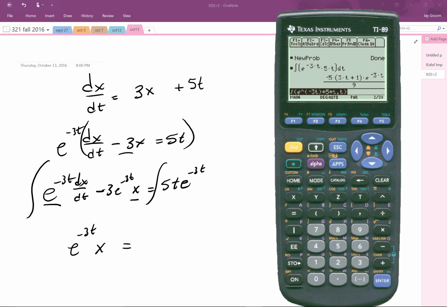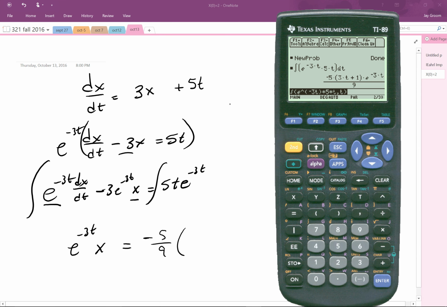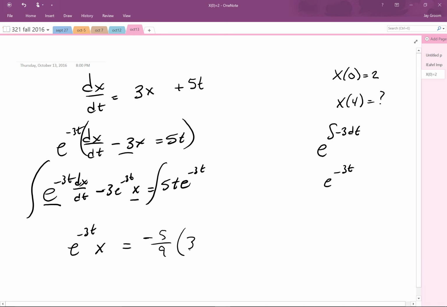I guess I'll just write it like that: negative 5/9 times (3t plus 1) e to the negative 3t. Don't forget your plus a constant.